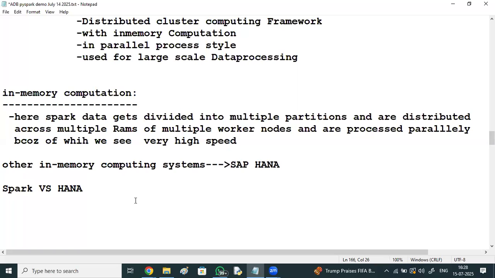If you compare both, both are in-memory computing systems.